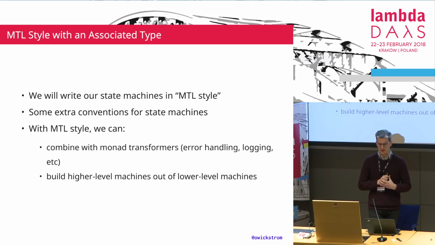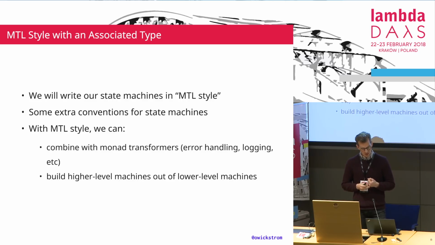Benefits are that we can combine this with regular monad transformers, with the MTL style stuff that's already provided for you, like error handling, logging, and so on. And you can build higher level state machines using lower level ones, compose them together, even though it's a bit fiddly with MTL style because the classes all have to go together.